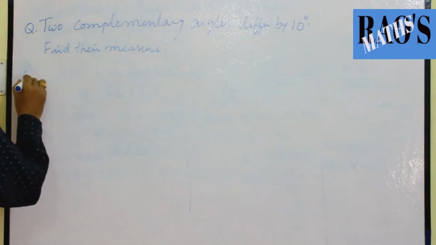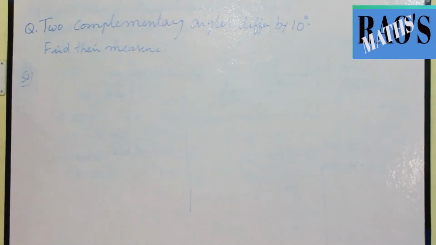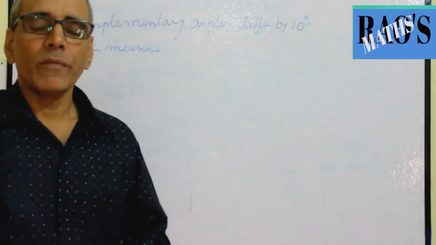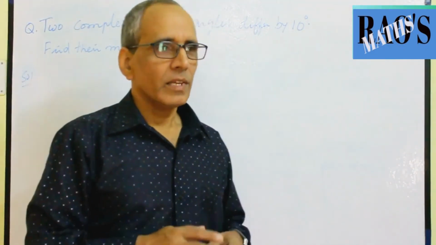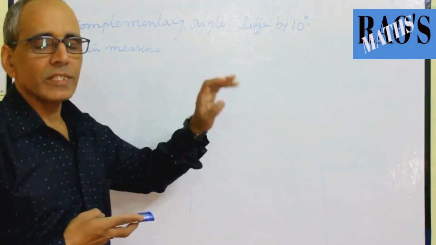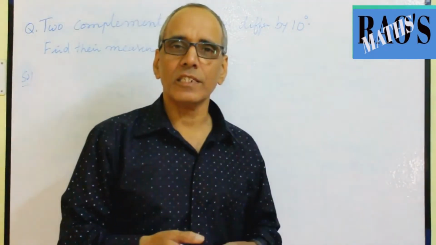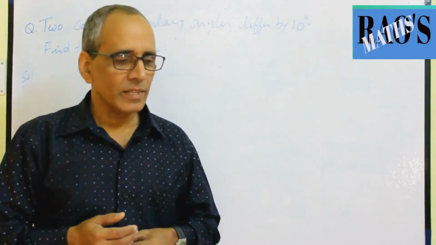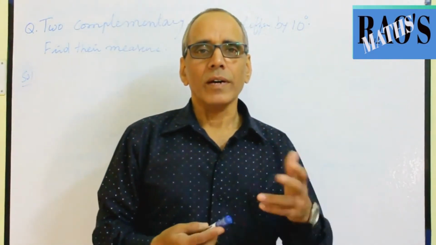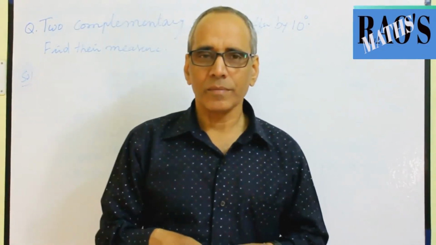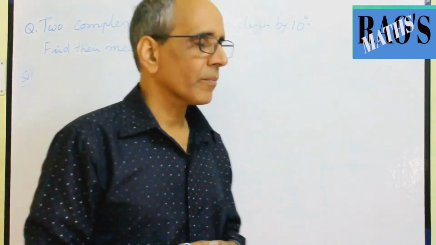Okay, we know what complementary angle means. If the sum of any two angles is 90, we call them complementary angles. Here, the difference of the first and its complement is 10. Or I can say one is 10 degrees more than the other, or one is 10 degrees less than the other. You may take it in any way.